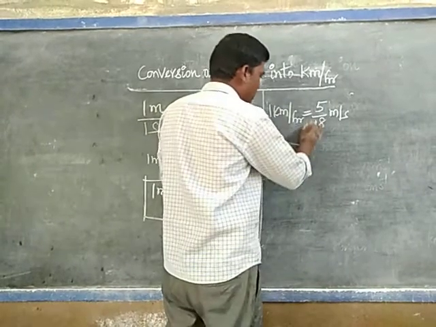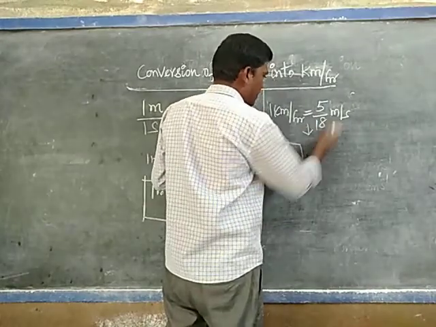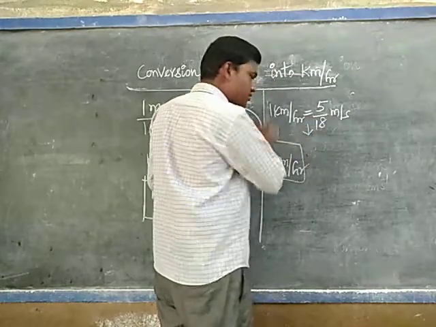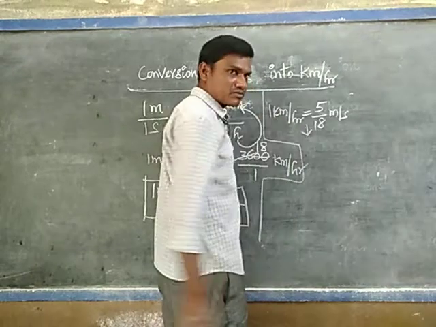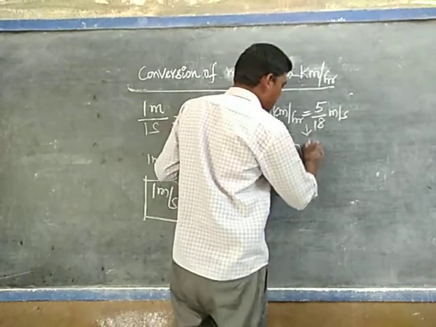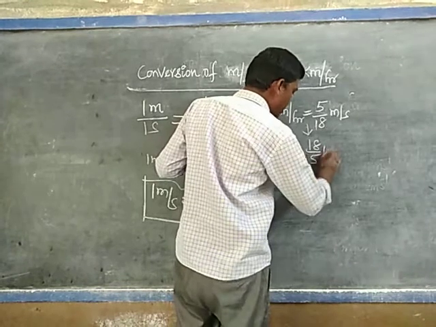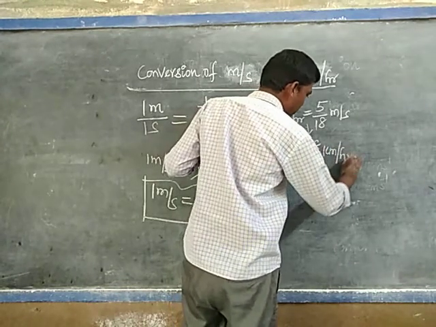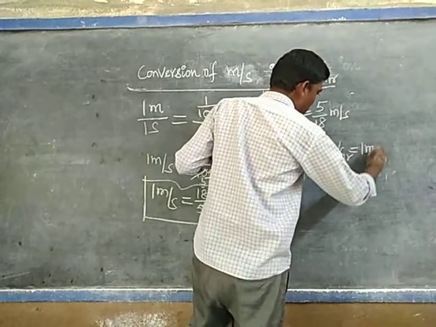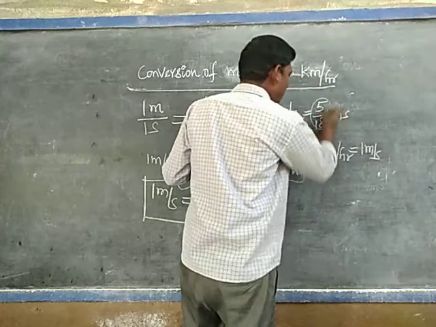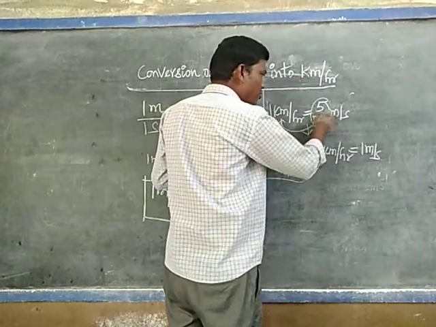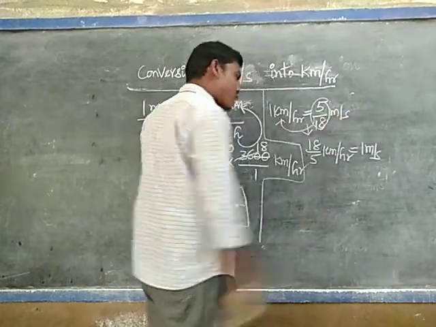Then from this we can write that 5 by 18 transfers to this side and becomes the reciprocal. That's why 18 by 5 kilometers per hour is equals to 1 meter per second. Here no value is there, that's why it is nothing but 1.